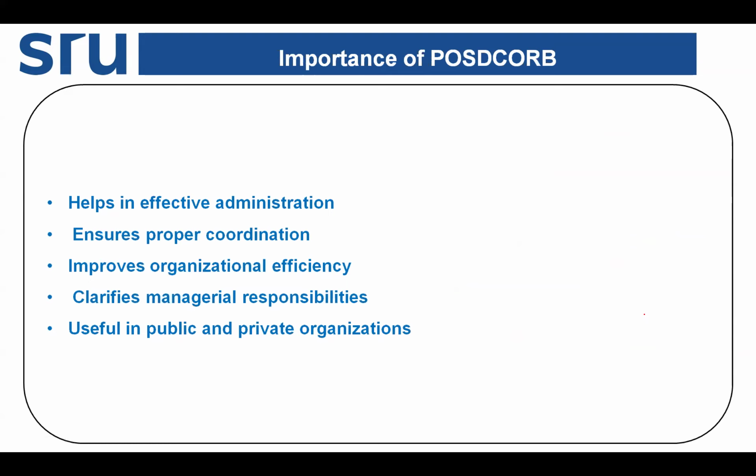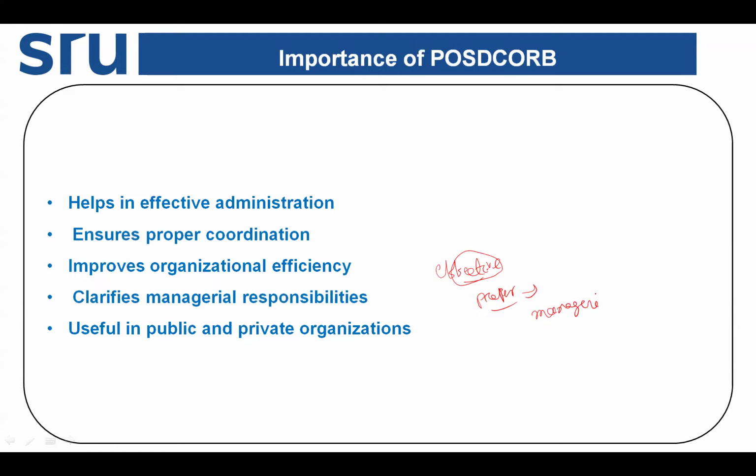Then what is the importance of these functions? POSDCORB helps in effective administration. If any organization follows all these principles effectively, it helps in effective administration. The work can be smoothly done and coordination can be better. And due to proper coordination, it can help increase organizational efficiency and clarifies managerial responsibility.